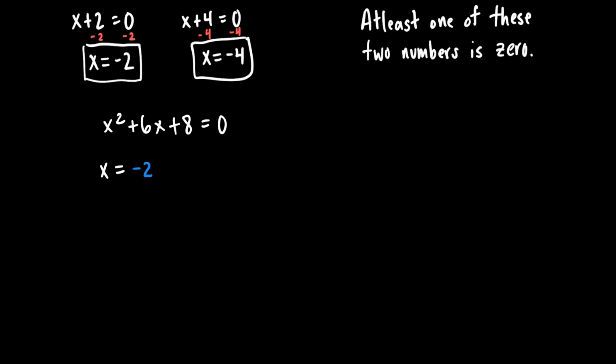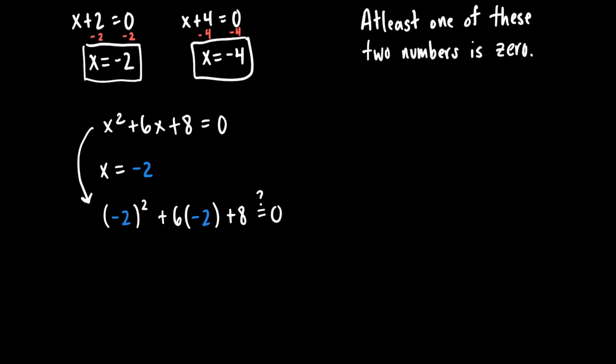So let's come down here and try this equation with -2 where the x is. So we're going to do -2 squared plus 6 times -2 plus 8. And supposedly that's equal to 0.